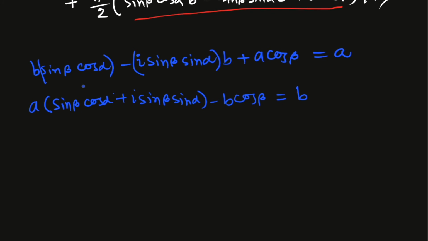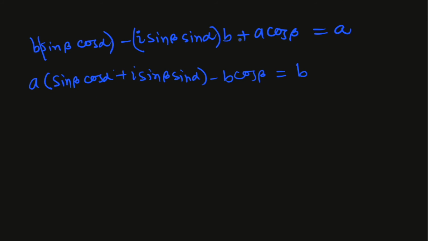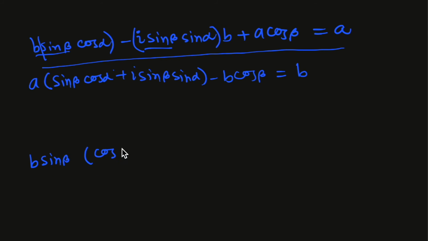So now let us look at equation 1, which means this equation. Let us take b sin beta common from these two terms: b sin beta cos alpha minus i sin alpha plus a cos beta minus 1 is equal to 0.